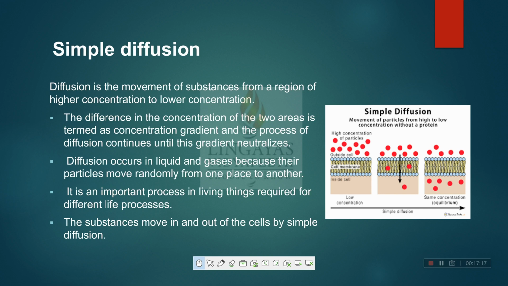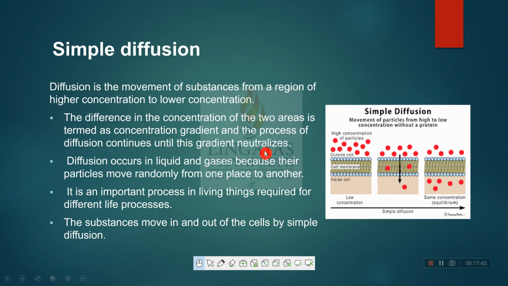So this is simple diffusion, where particles move from higher concentration to lower concentration. The difference in concentration of the two areas is termed the concentration gradient. The higher concentration minus the lower concentration gives you the concentration gradient.